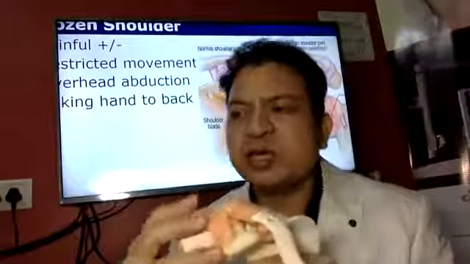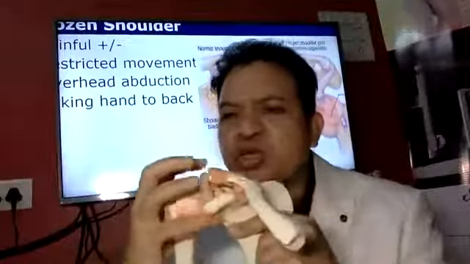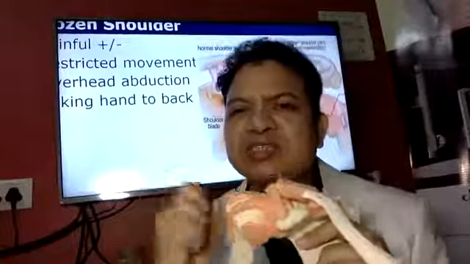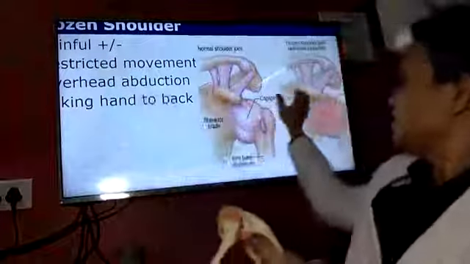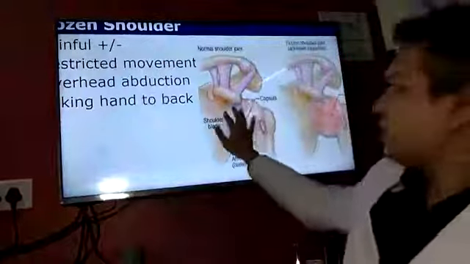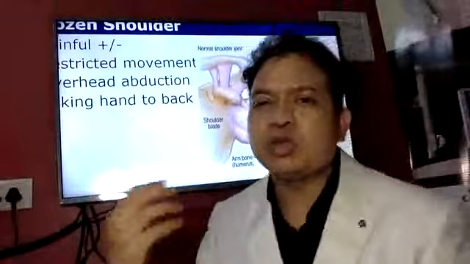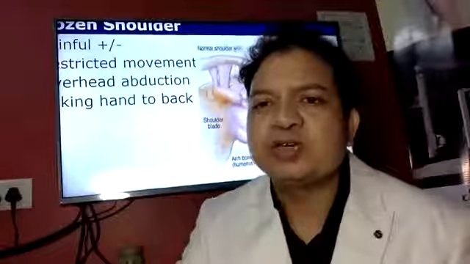Now, why does this happen? As I mentioned, the capsule gets constricted, and this leads to further restriction of movement. Inflammation happens. If you look at this slide, this is our normal joint capsule, and this is the inflamed joint capsule. When the inflamed capsule tries to move, this leads to further aggravation.